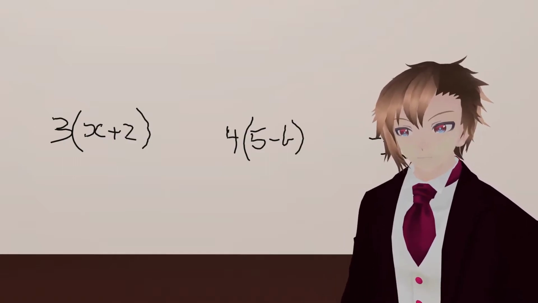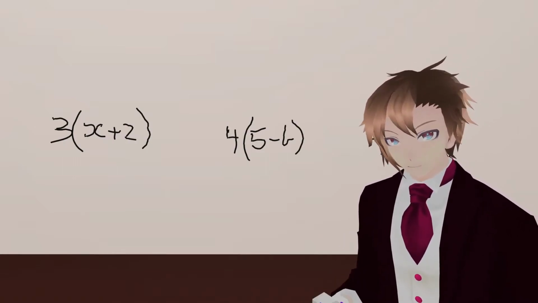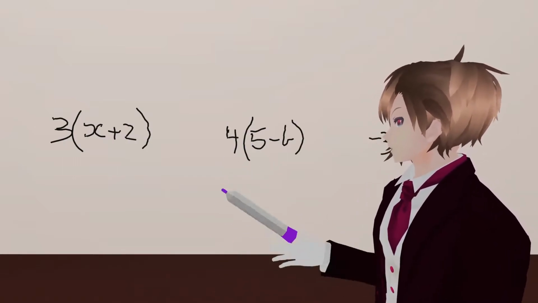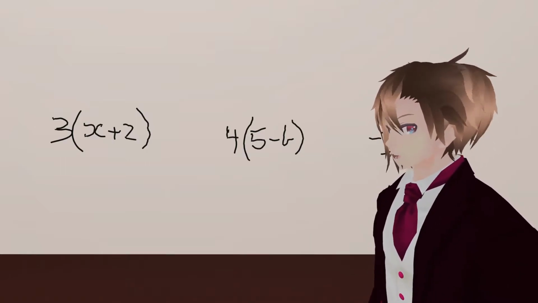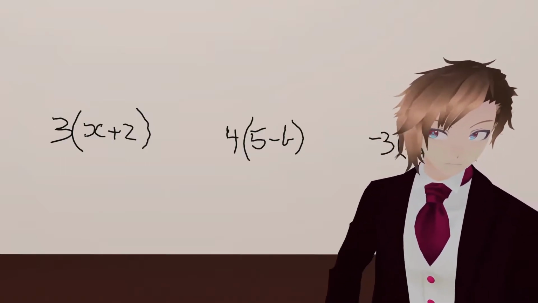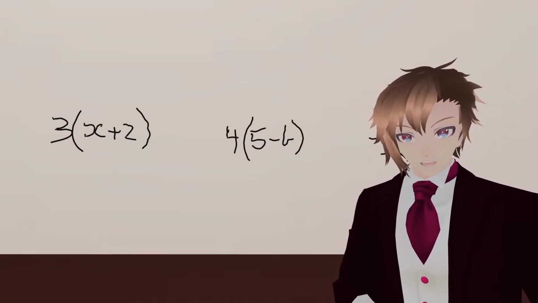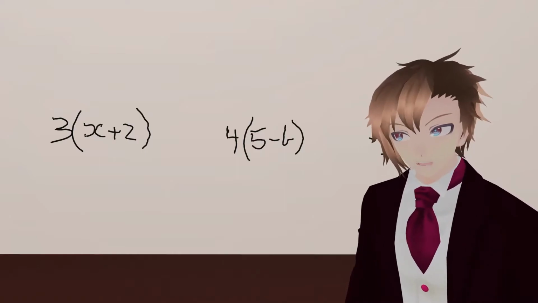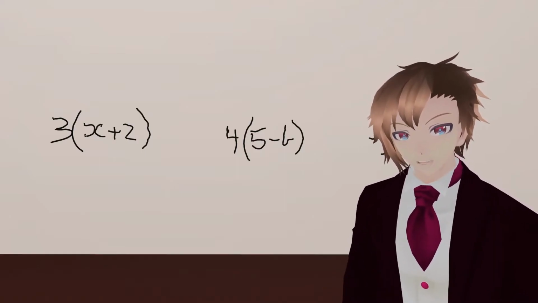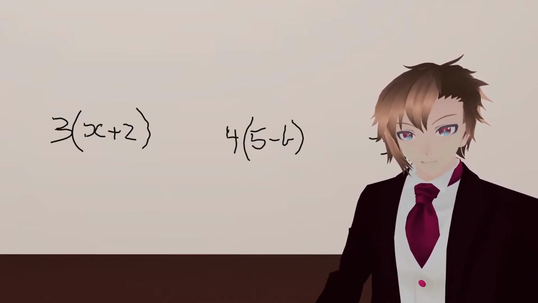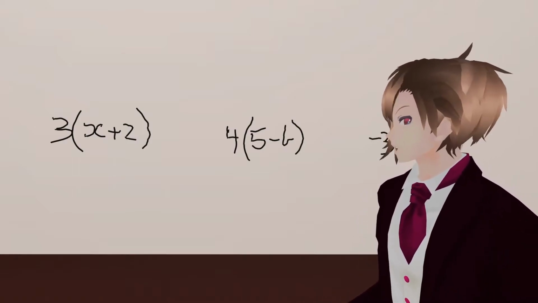So here we have 3 basic examples. First one, we have 3 bracket x plus 2. So in this situation, I'm getting x plus 2, you're getting x plus 2, and someone else is getting x plus 2. So let's work out how many x's and 2's we have altogether.